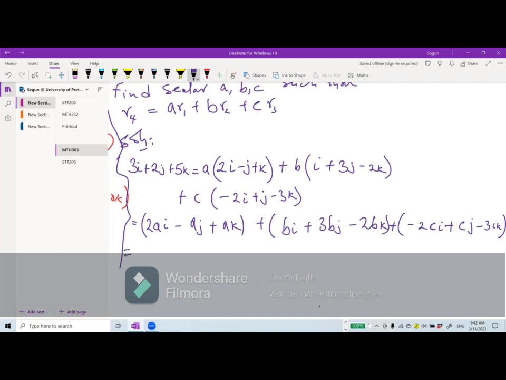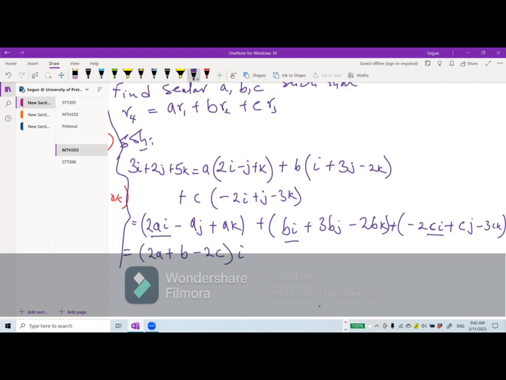So it's going to be 2a plus b minus 2c, all in component of i, because I just picked this one.